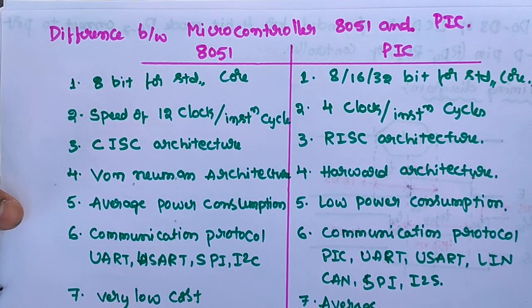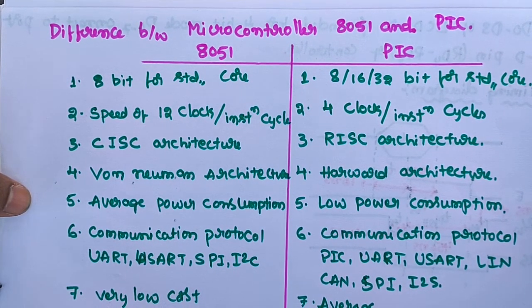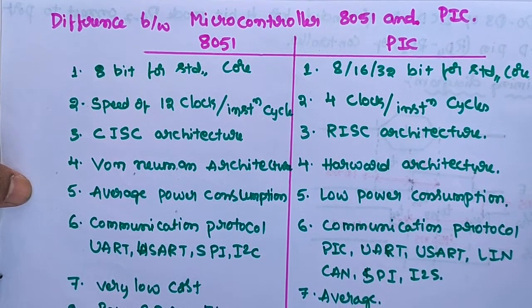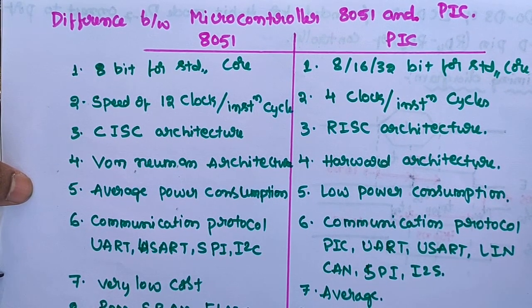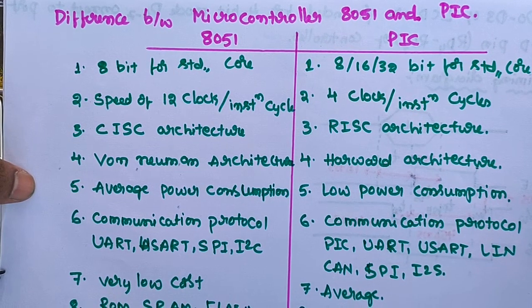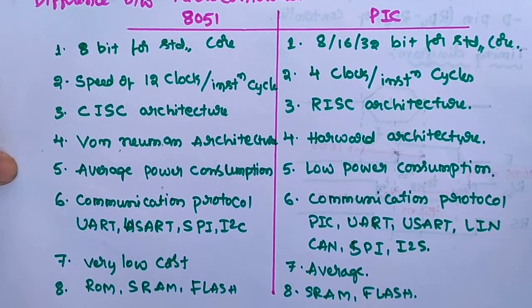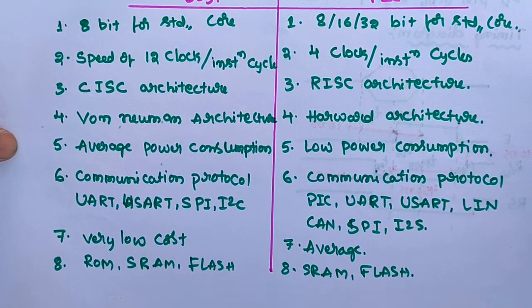After this we need to discuss the difference between the 8051 microcontroller and the PIC microcontroller, because both are microcontroller families but have different features. We will discuss this comparative study in this part.